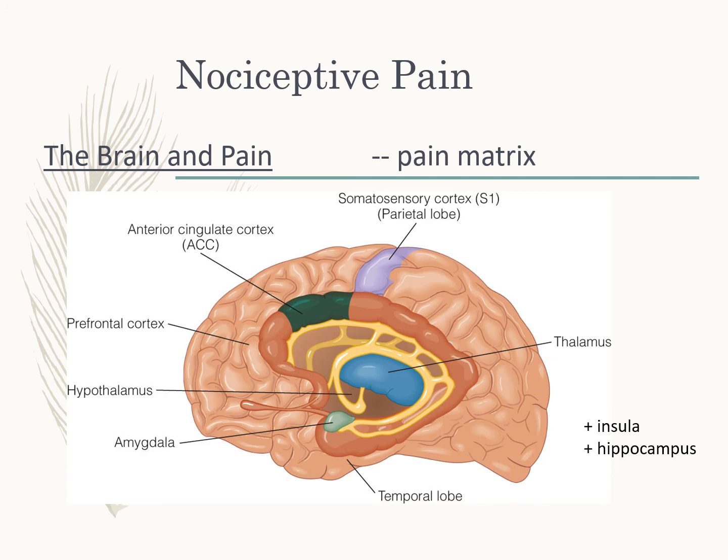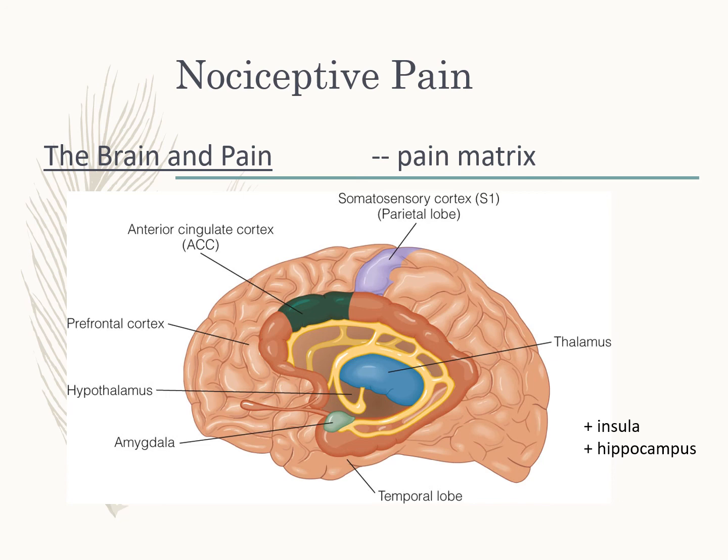And for the most part, for the rest of this, I'm going to be talking about those regions: the somatosensory cortex, the insula, and the anterior cingulate cortex. But information goes farther than that. So we've already seen some of the influence of cognitive control. The prefrontal cortex is involved, and information is getting sent up there.